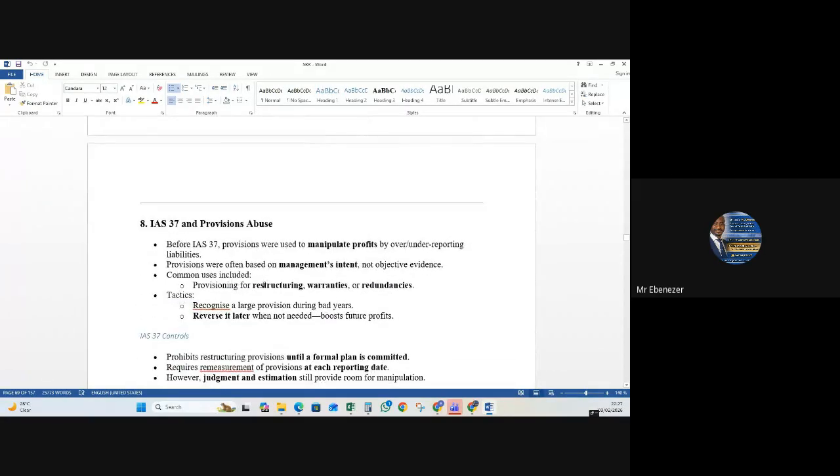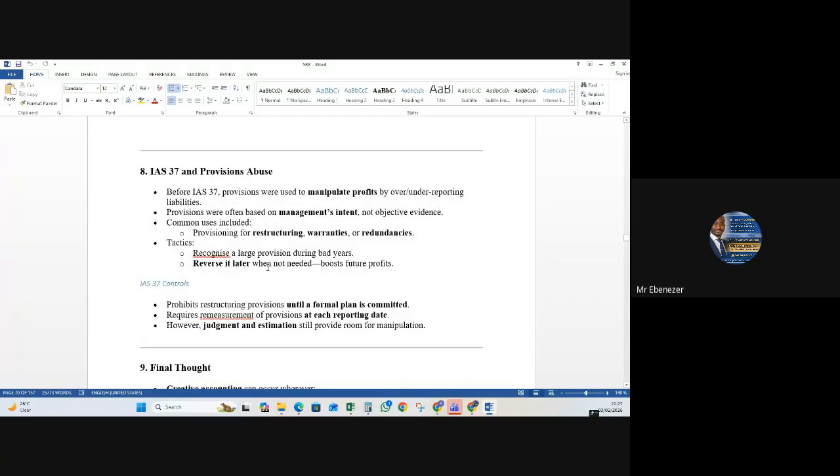Okay, now we have IAS 37 and abusive provisions, excessive provisions. Before IAS 37, provisions were used to manipulate profits. Some people will over provide, some people will under provide. Provisions were often based on management intent. Provisions is not objective, it is subjective.